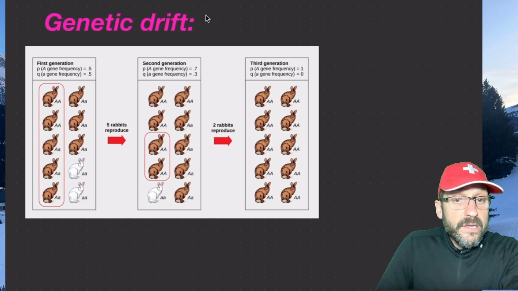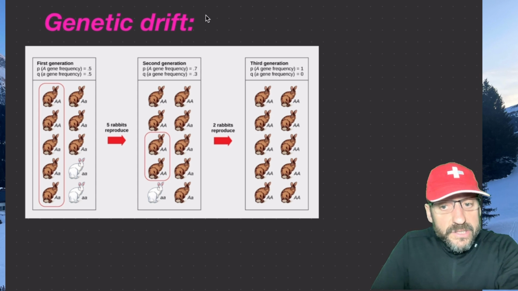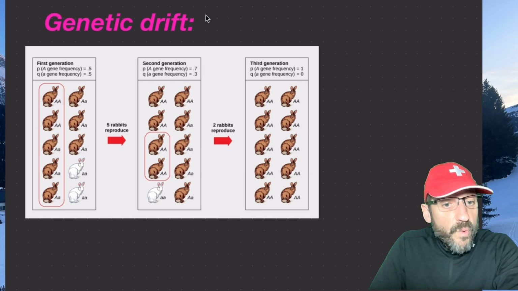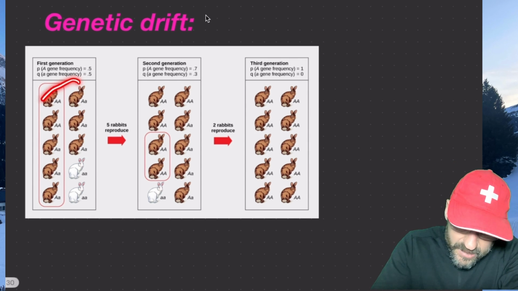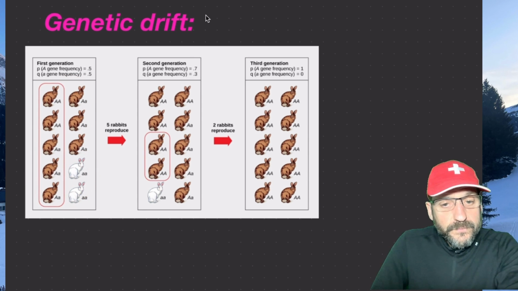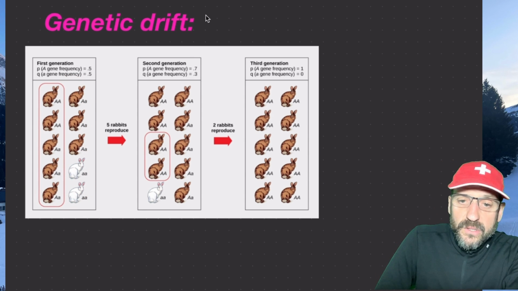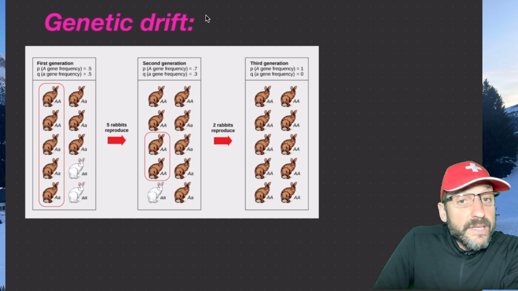And that's why, even though the alleles in this picture are evenly distributed, there are 8 brown and only 2 white rabbits. You see that here. Remember, if a dominant allele is present, it will get expressed.